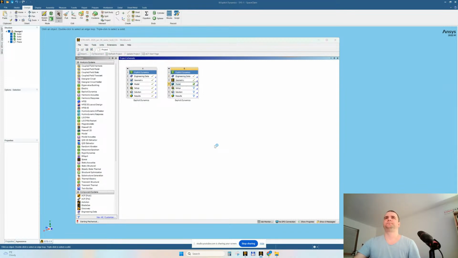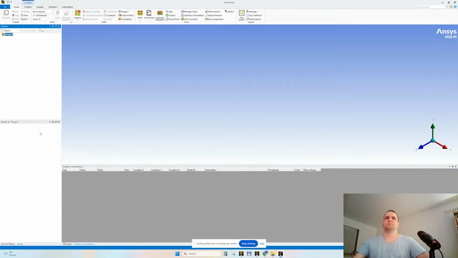Double click. It will load fast because I have SpaceClaim opened. After the mechanical window opens, the geometry will be loaded very quick.